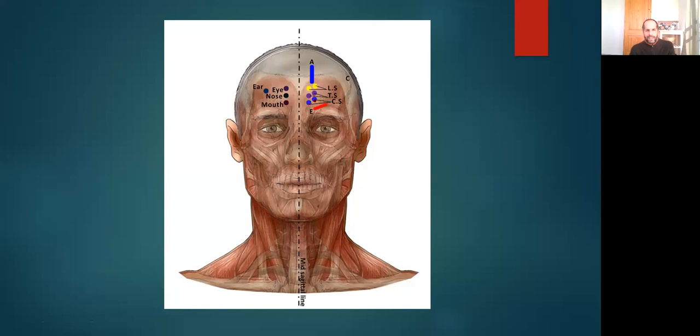As you can see, all these 3 areas of needling are located right in the frontal area, approximately in between the area of bladder 2 or bladder 3 acupuncture point, right in the forehead.